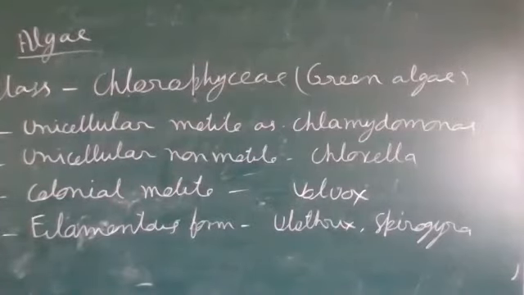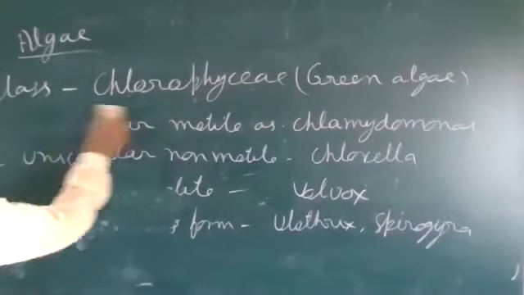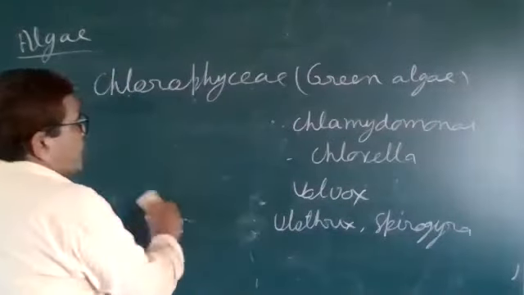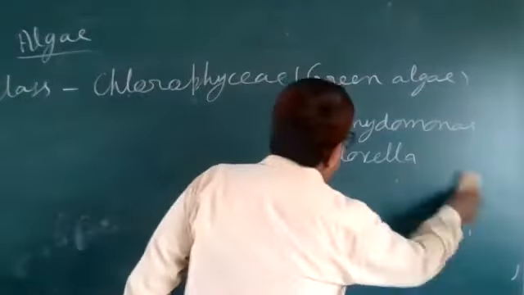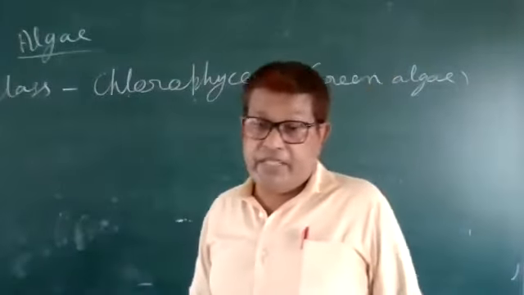An important thing is the chlorophyll pigments. What is a photosynthetic pigment? Basically, algae are divided into different classes on the basis of photosynthetic pigments and reserve food materials.